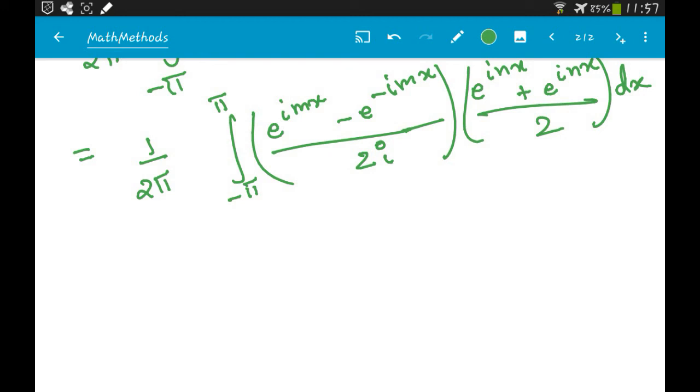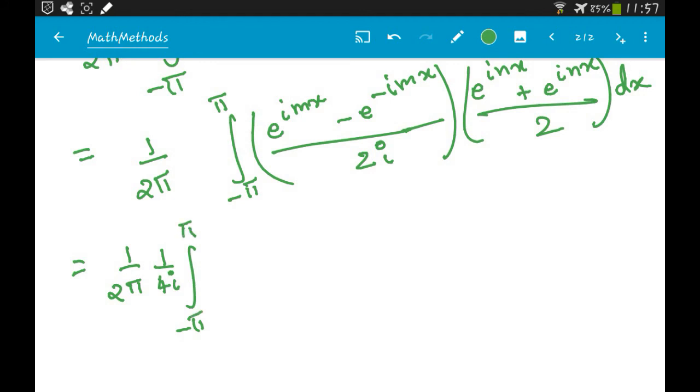So you can also multiply these out. Okay, so let's multiply them out. So you will get 1 by 4i by 2 pi.